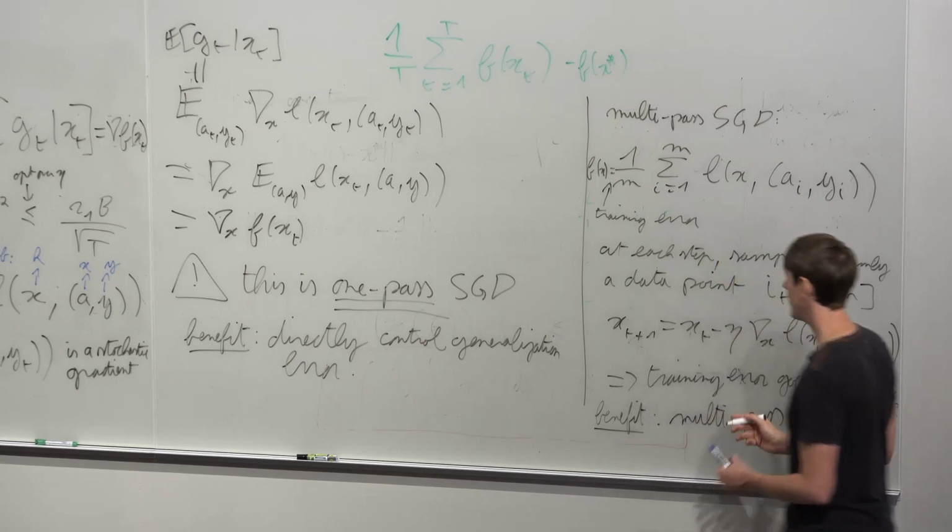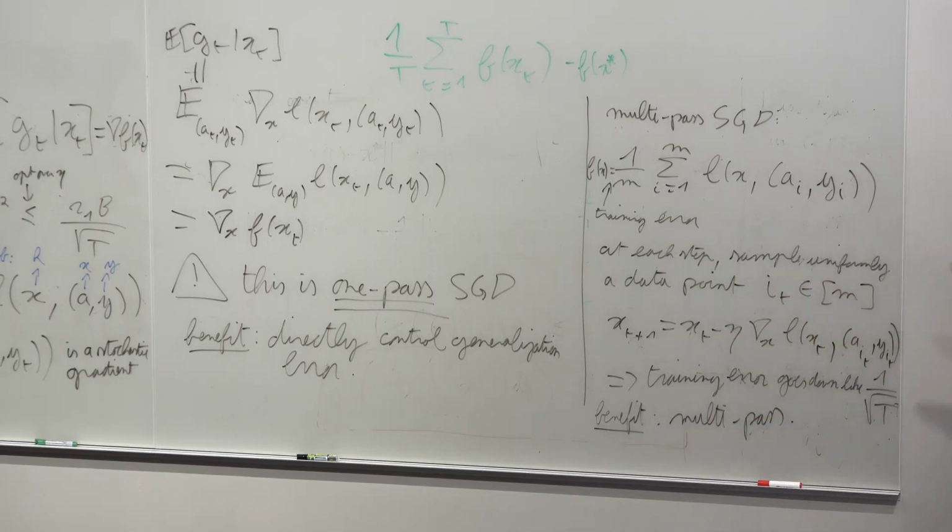So you see trade-offs here. One pass, you're very happy, you control the generalization error. Multiple pass, you can get to a better accuracy, but the price you pay for this better accuracy is that now you only control the training error, because your gradients are now an unbiased estimator of the training error and not of the generalization error.